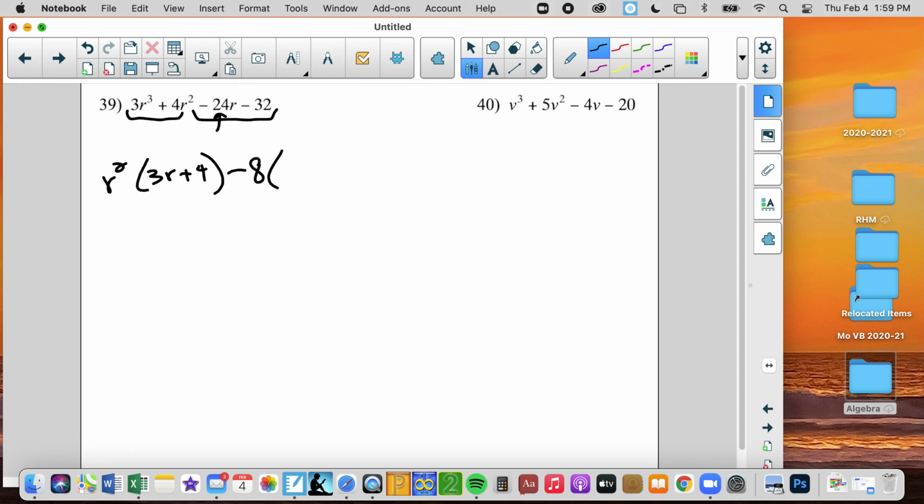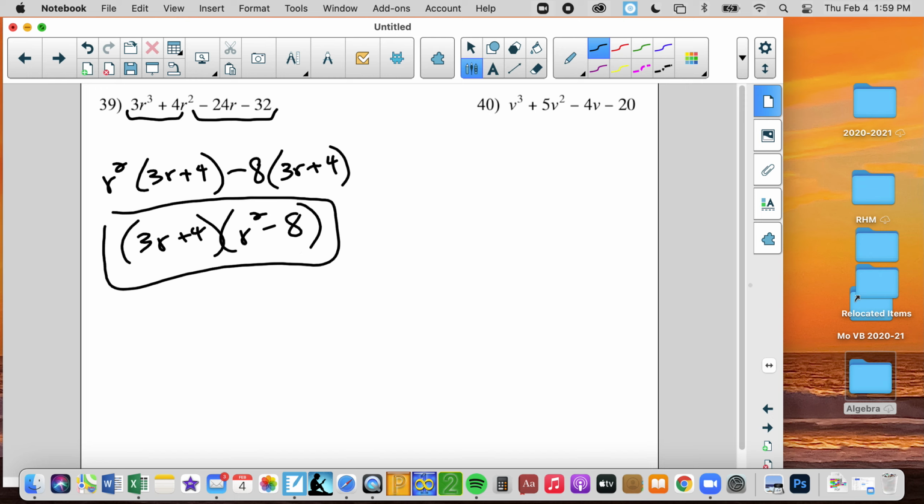So that's also how I can sort of cheat and see what that's going to be. So 3r plus 4 gives me (3r plus 4)(r squared minus 8). Ooh, difference of squares? Two terms, subtraction, but both are not perfect squares, so not difference of squares. So that would be my answer.